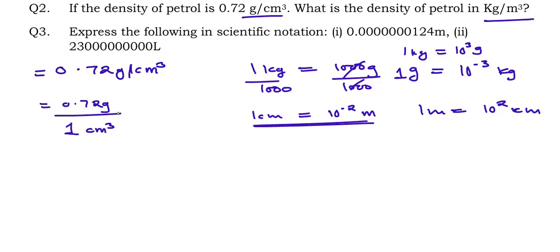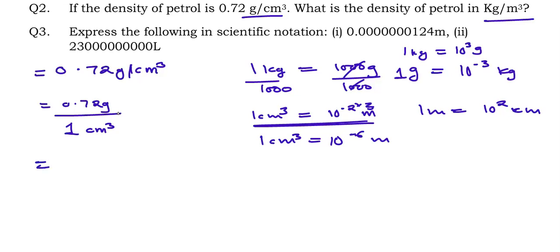So since we have 3 here, we are going to cube this. We are going to have 3 here. Even here we are going to multiply by 3. So what we are going to have is 1 cubic centimeter is equal to 10 to the power negative 2 times 3, which is negative 6 meters. Now, by so doing, we are going to convert this.